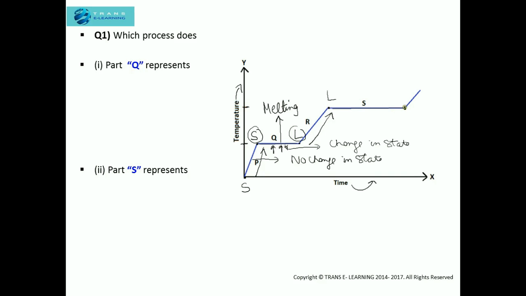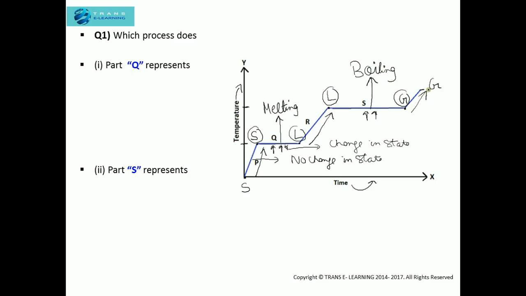So at this point we'll be having the gaseous form of that material, and the change of a liquid into a gaseous form on heating represents the process of boiling, or we can say vaporization. And again the temperature is rising here, so this point represents the gaseous phase.